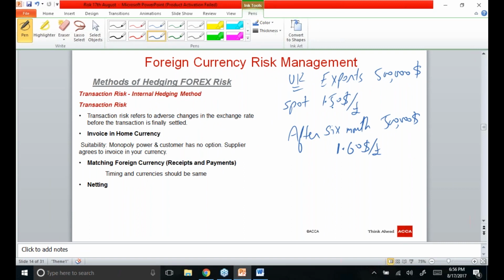And that loss in value will be the transaction risk. So transaction risk refers to adverse changes in the exchange rate before the transaction is finally settled.